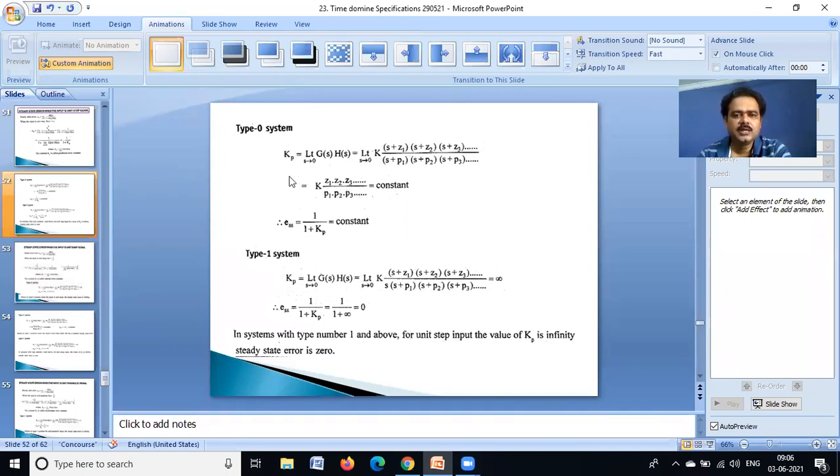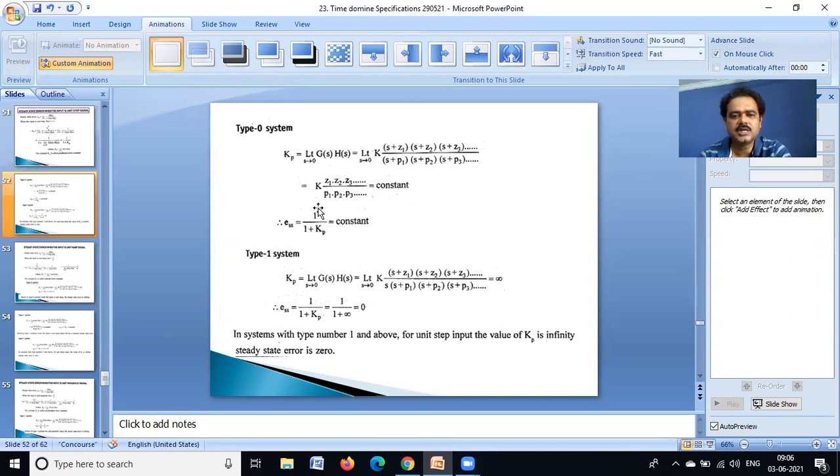The expression G(s) H(s) is called the loop transfer function. In the loop transfer function there is no s term in the denominator. So even if we substitute s equal to 0 in the given expression, you will get a constant value. So the steady state error, 1 by 1 plus Kp, is some constant.